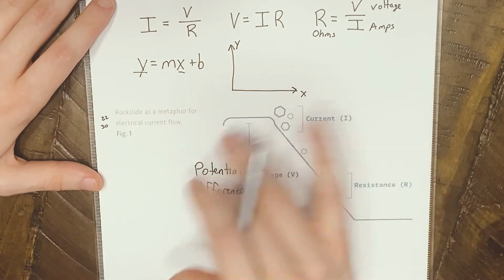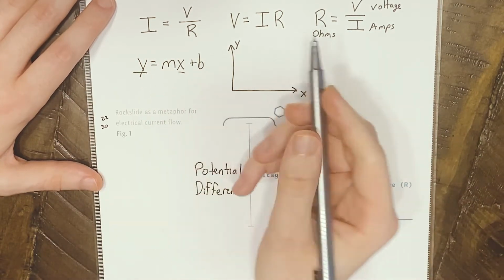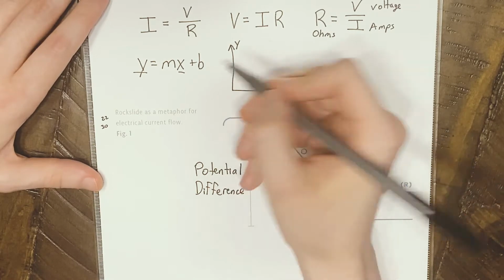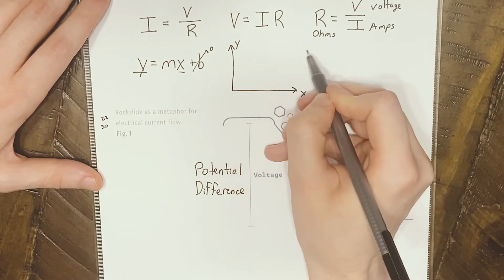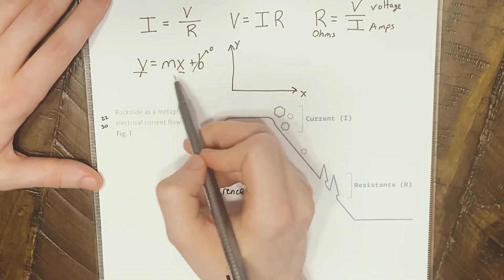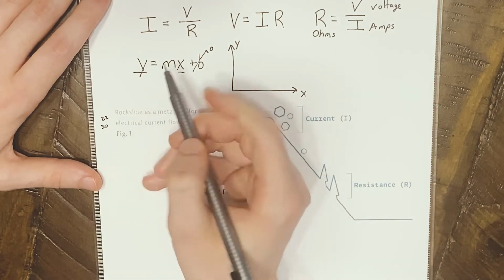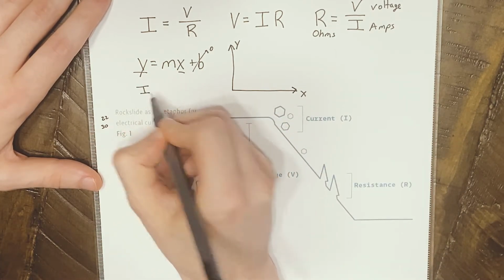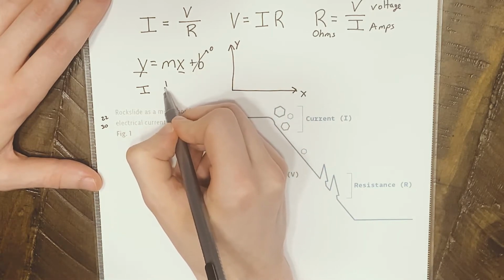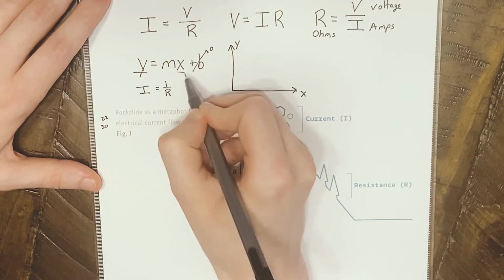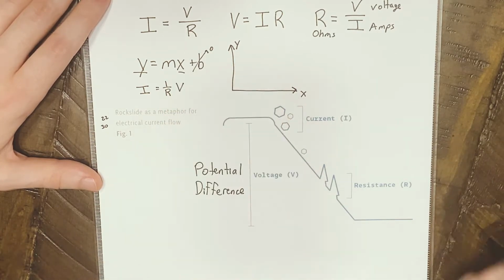We're not going to get into the exceptions. y equals mx plus b. Now, let's just assume that b is 0, which means that our line is going to go through the origin. We can actually relate y to be I, m is 1 over r, and x is v.